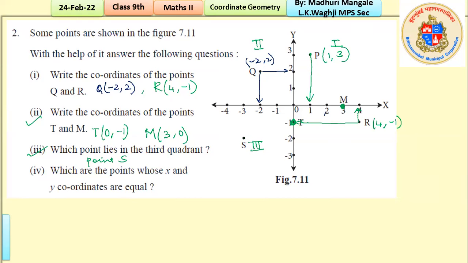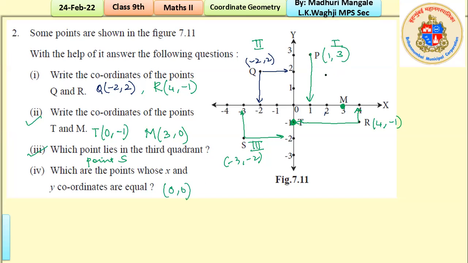Then S, x is -3 and y is -2, so that doesn't work. T and M are lying on the y and x axis, so that doesn't work. R also doesn't work. So what is that point? It's clearly the origin, that is 0, 0.